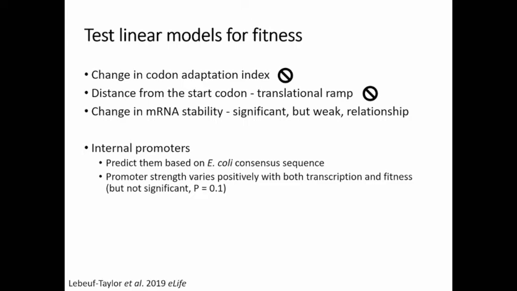So it looks like there's a trend that suggests that promoters might be important in driving this, but we don't have a really clear significant effect here yet. And again, that may be because we're not looking for the right promoters because we don't have the right information for this specific species, but who knows? So this is kind of our best explanation at this point.